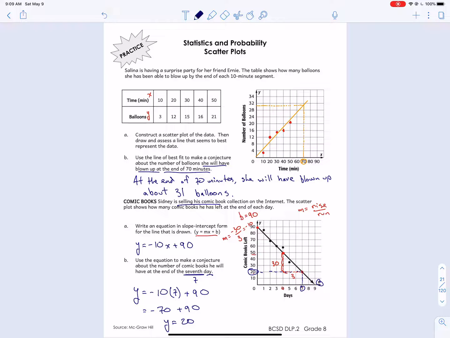Okay, so then our answer, though, let me get rid of this. We need to write this. So he, right? Oh, no, Sydney, she. But it says he. Okay. So he will have, I use the word about because we're not for sure, about 20 comic books at the end of the 7th day.